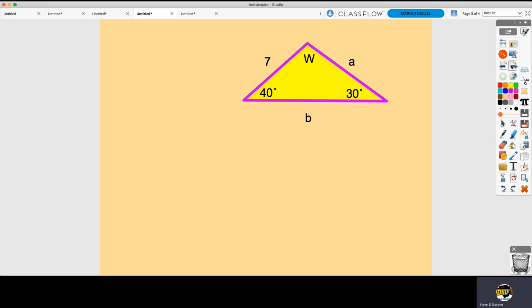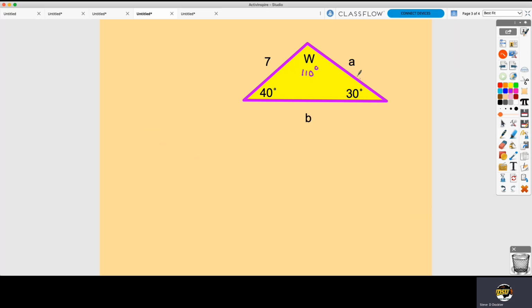All right, now I'm just going to show this to you really quick. You don't have to write it down. Okay, for this, if you can find something really quick, do it. When we have two angles here, that is more than enough to find W, right? Because we just add these together and subtract from 180. There's our 110.